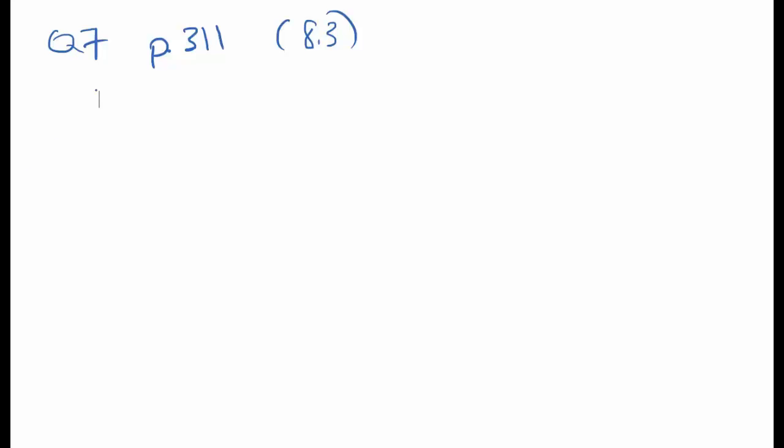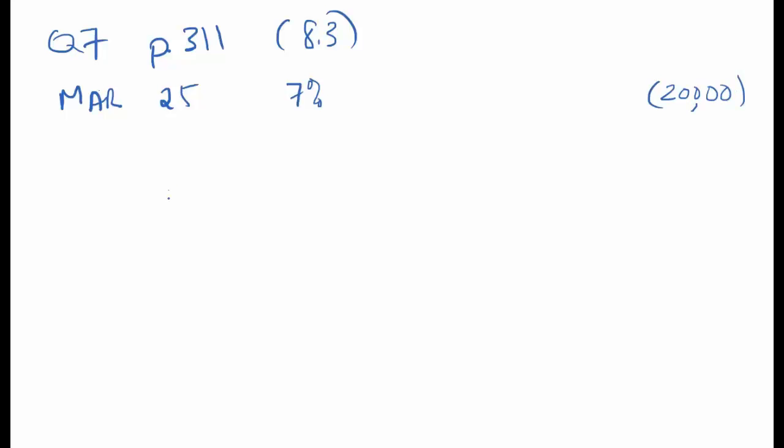So to do this, we need to make sure that we get all the dates in order. We start with March 25th. The interest rate was 7%, I'll just write that here, and we have a balance of $20,000.